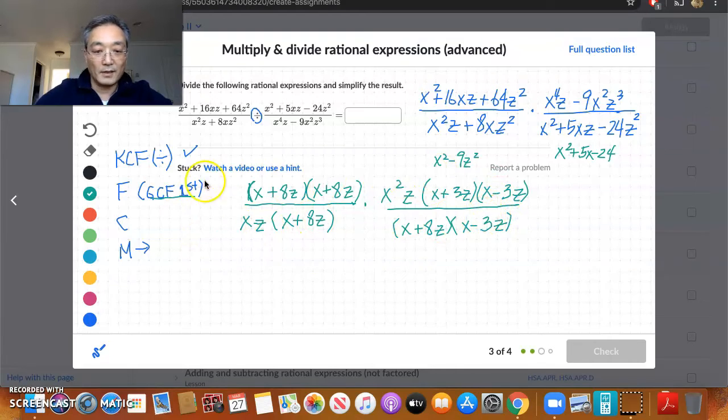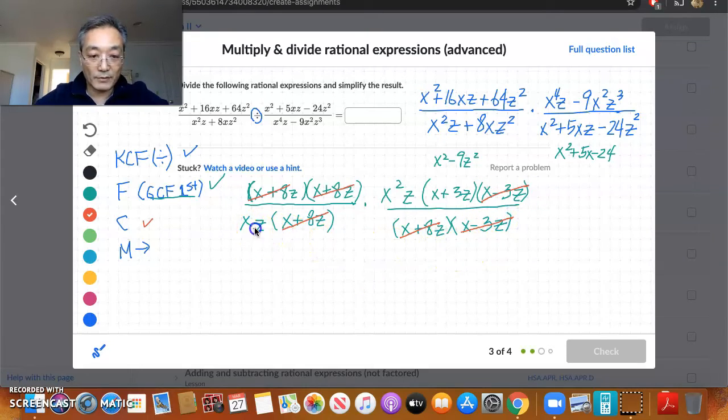Everything is now factored, so it's time now to cancel. Let's start off with the left terms. We have x plus 8z, x plus 8z, correct? We have another x plus 8z with another x plus 8z. We've got a couple of x minus 3z's here.